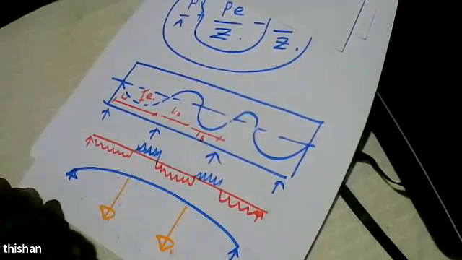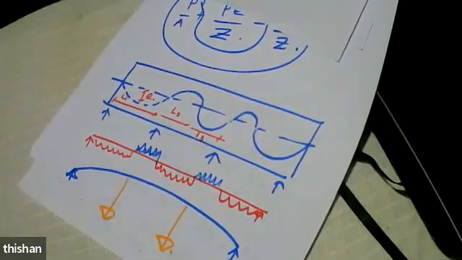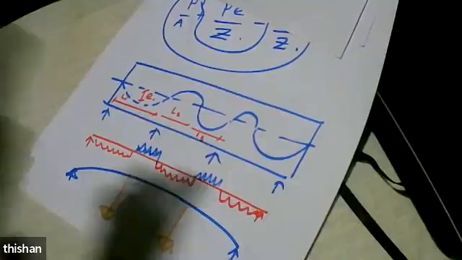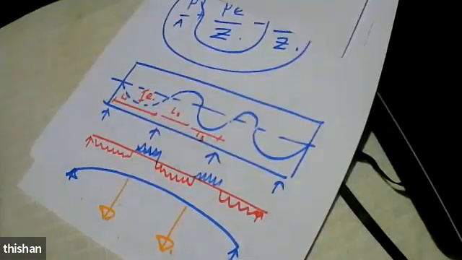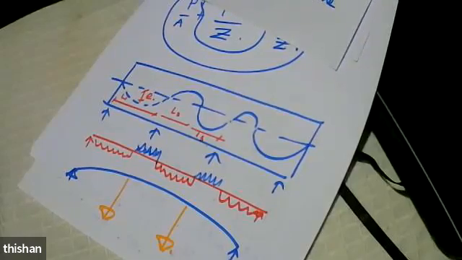So once we allow it to deform freely, you will find generally these upward forces will be far more than the downward forces. And because of that reason, the beam will be lifted up. But in practice, beams cannot lift up like that. So because we are not allowing the beam to lift up, there will be forces acting downwards.